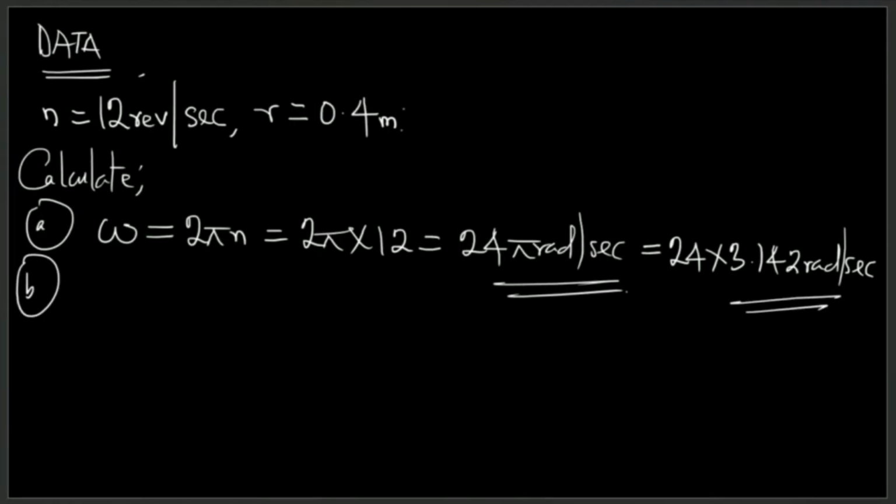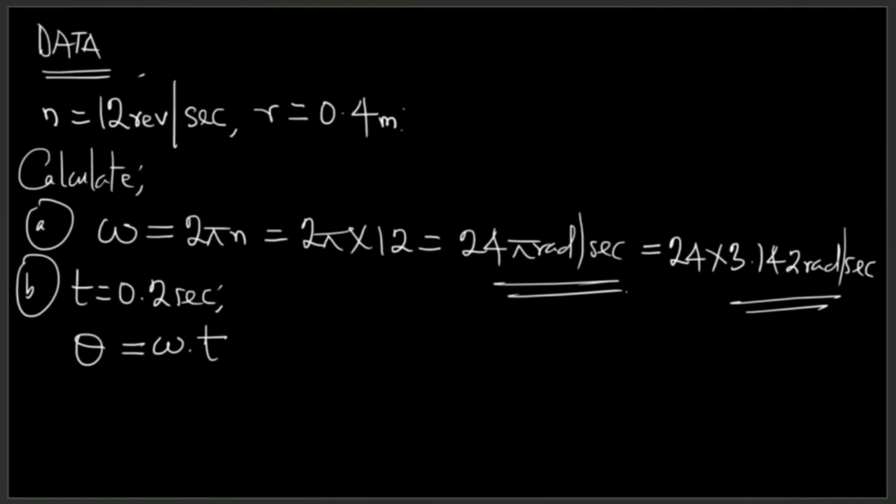The second question is you have to determine the angular displacement during 0.2 seconds. So you have been given a time of 0.2 seconds. The angular displacement theta is angular velocity multiplied by time, because the angular velocity is the rate of change of what? Angular displacement.